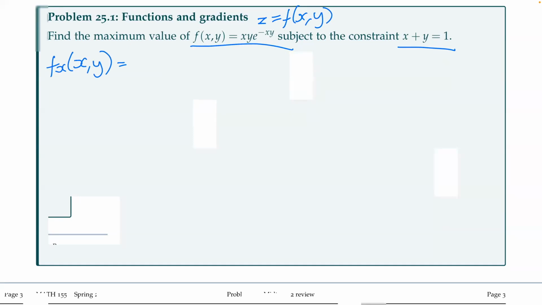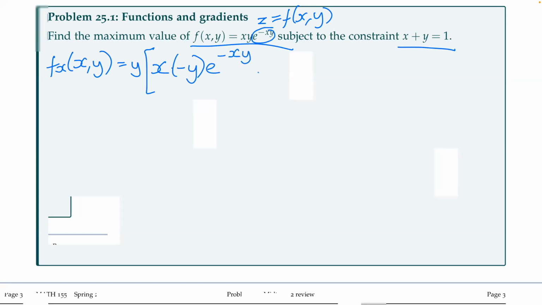So that means I'm going to bring this y out the front. Then we take x times the partial of e to the minus xy with respect to x. So we're going to have a minus y coming out the front of this, because y is treated as a constant, times e to the minus xy.